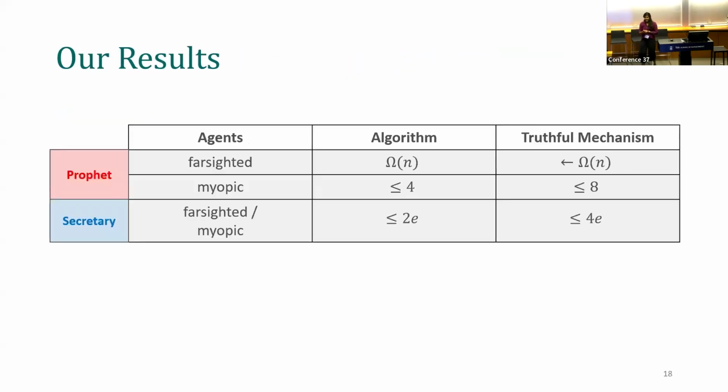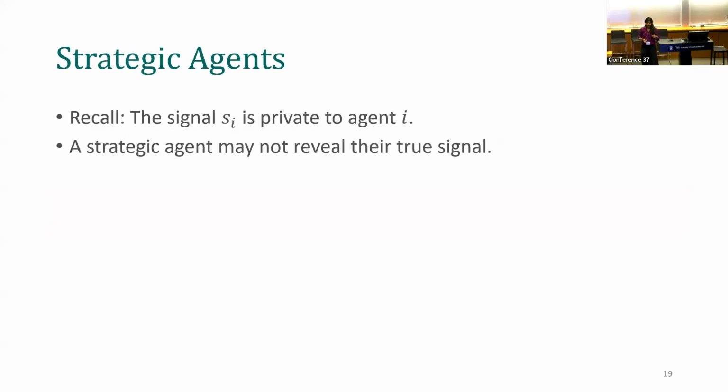And so I want to quickly also talk about the strategic agents a little bit. As you see, in the setting of non-strategic agents, both in the Prophet with myopic and the secretary setting, our bounds are exactly 2 away from the classic bounds of 2 and 3. And in the strategic agent setting, where we are forced to also think about truthfulness, we lose an additional factor of 2.